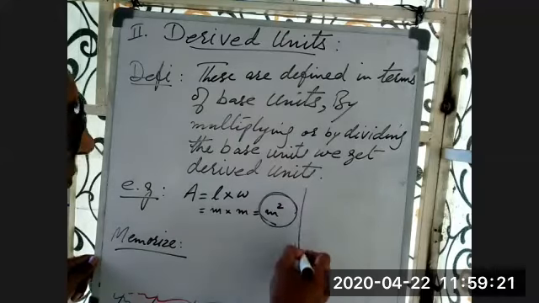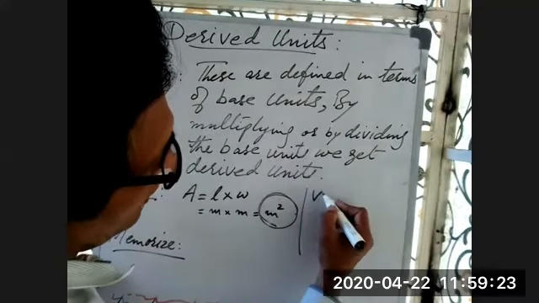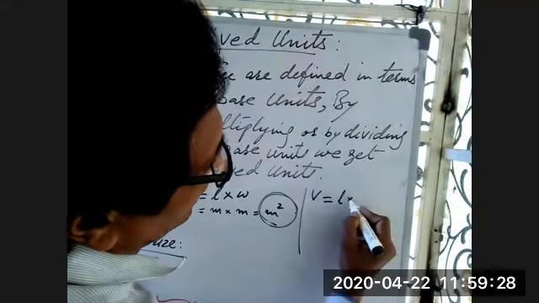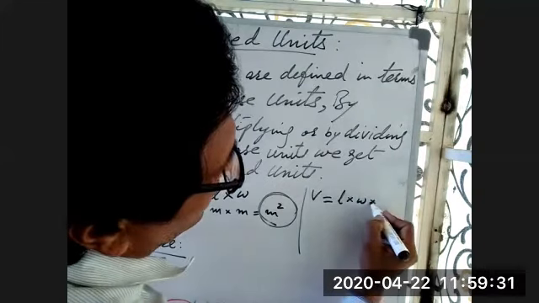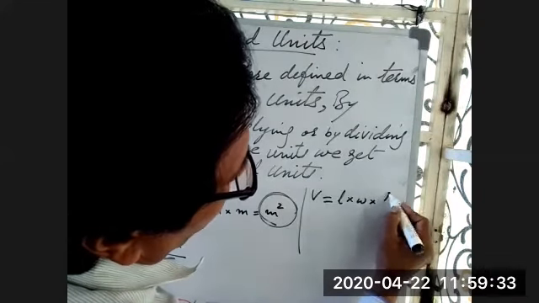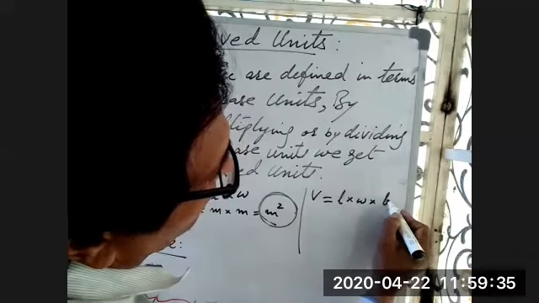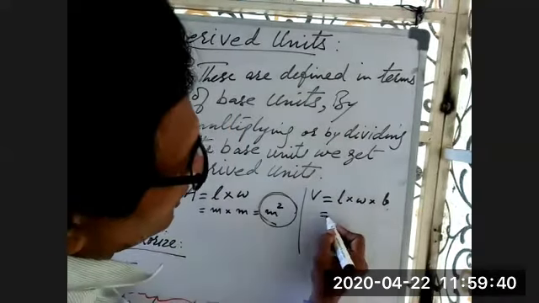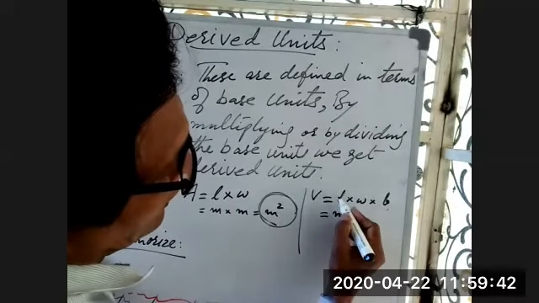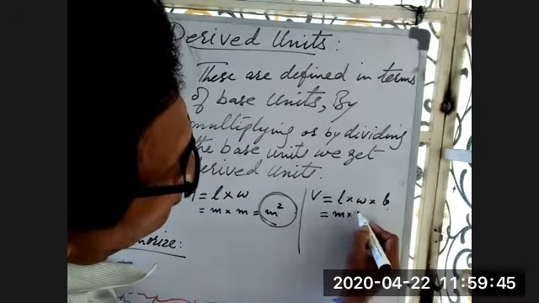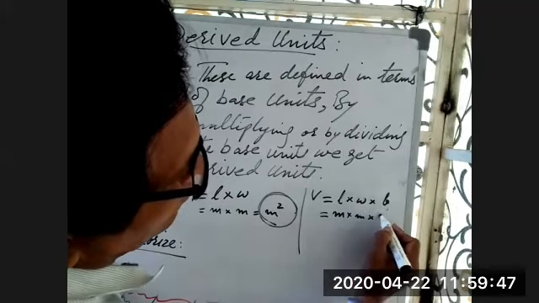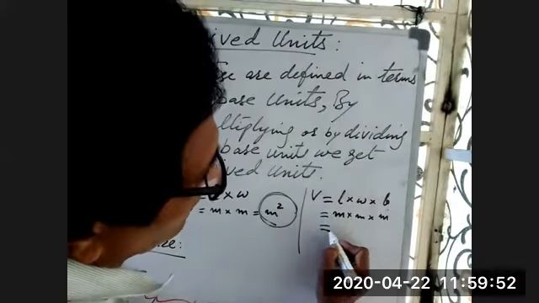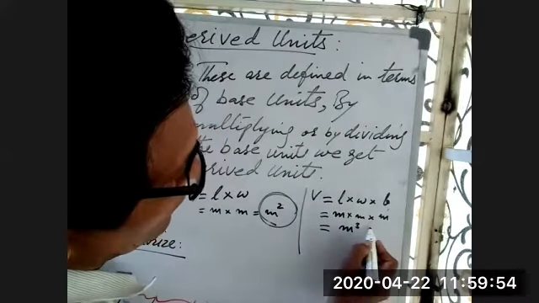In the same way, what is the formula for volume? Volume is length into width into breadth. Again, what are the base units? Meter for length, meter for width, and meter for breadth. So we got m cube.